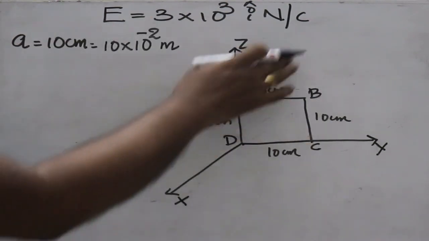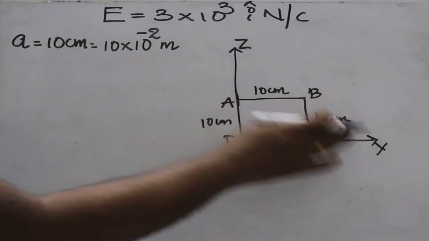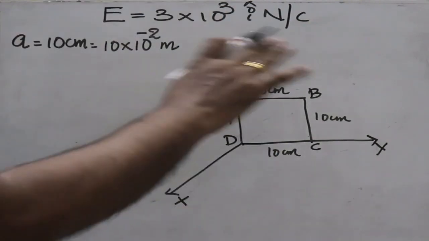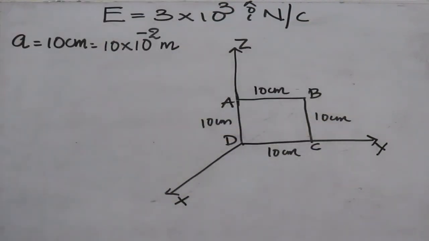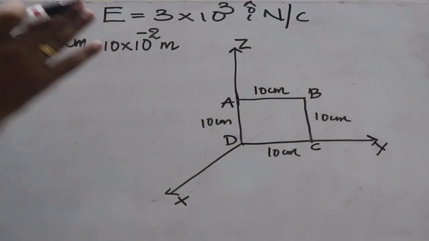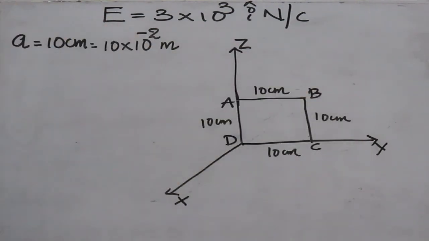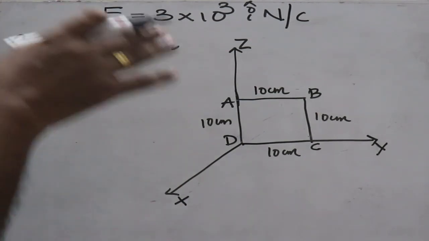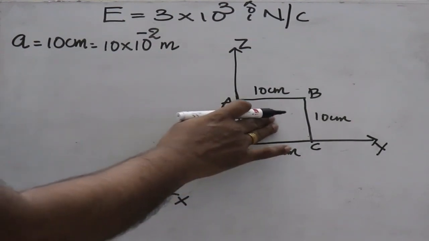So the square is in the YZ plane, and the side of the square is 10 centimeter. We need to find the flux passing through it.